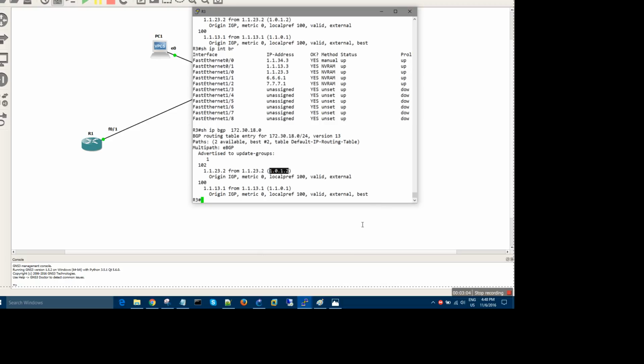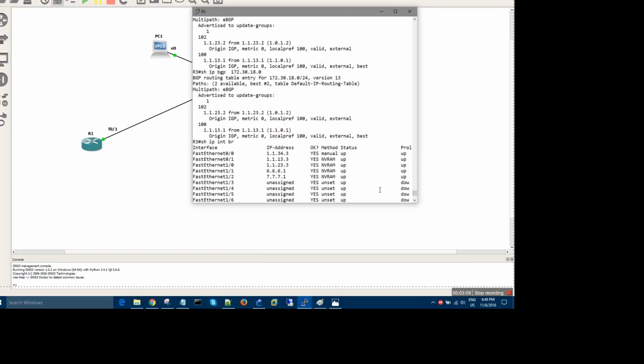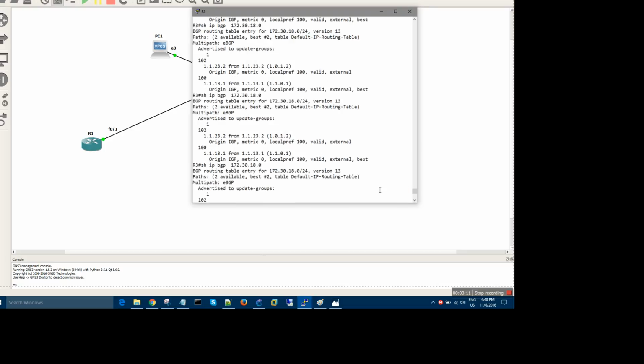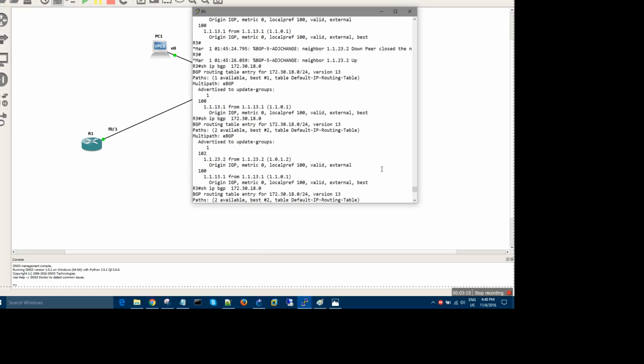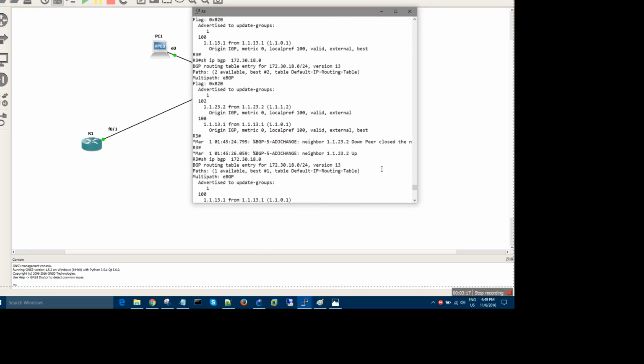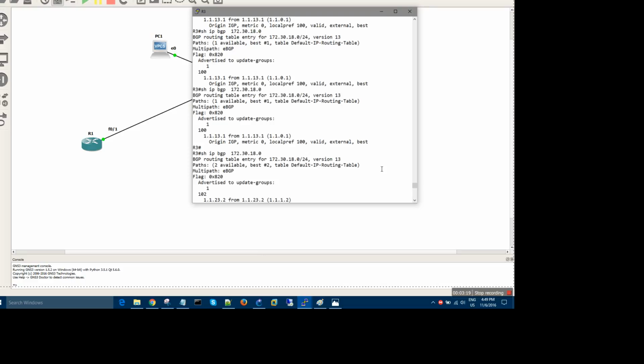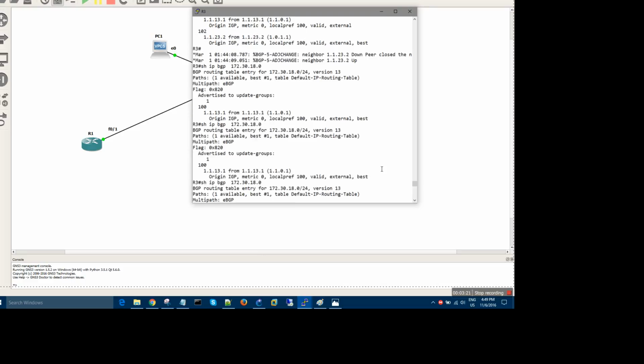It was 23 that was the best before. If we go up, we can see 23 was the best.